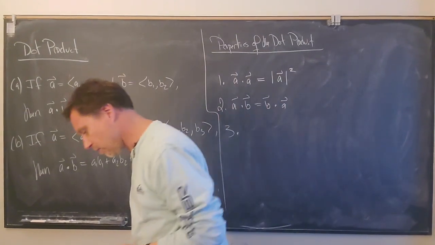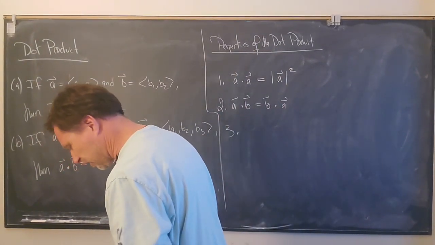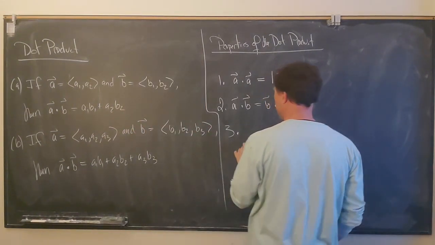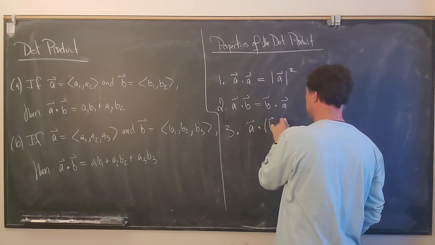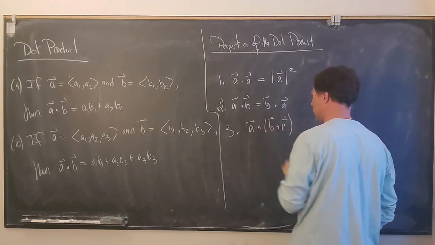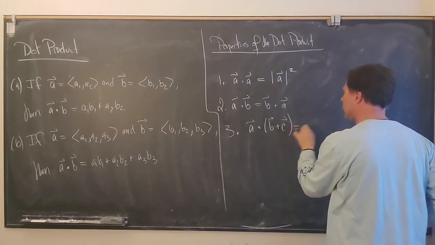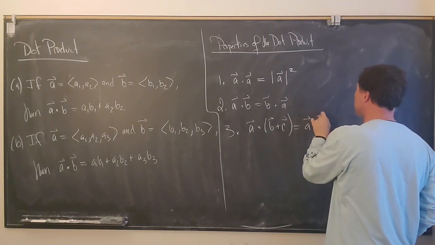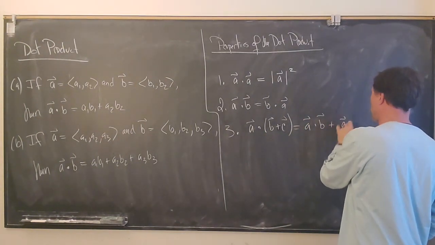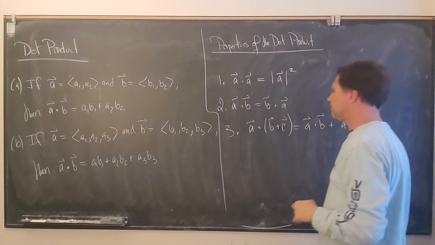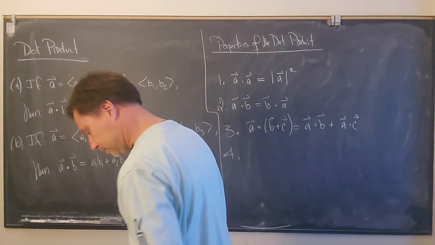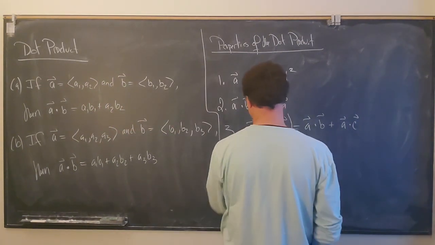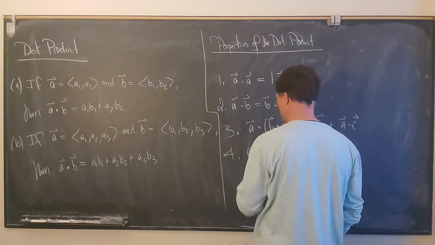Property 3, it satisfies a sort of distributive property. So if we do A dot B plus C, that's equal to A dot B plus A dot C. Property 4, you can slide constants around when you take a dot product.